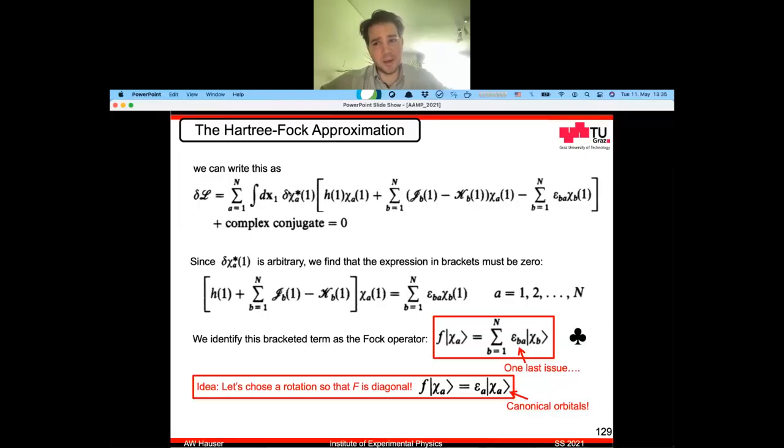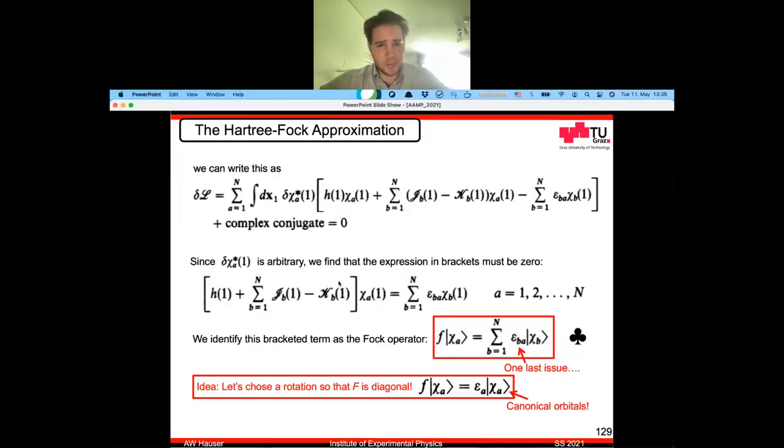So that was the idea of the arbitrary variation. It has to be fully arbitrary, otherwise it could also vanish by this being, for example, orthonormal to each other, the expression in the bracket and what's written here. But for any variation in chi A, this is only 0 if this term in the brackets is 0.